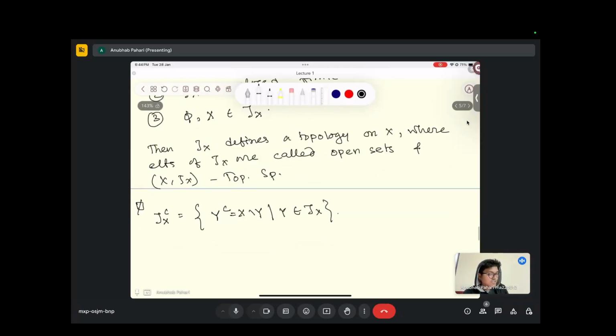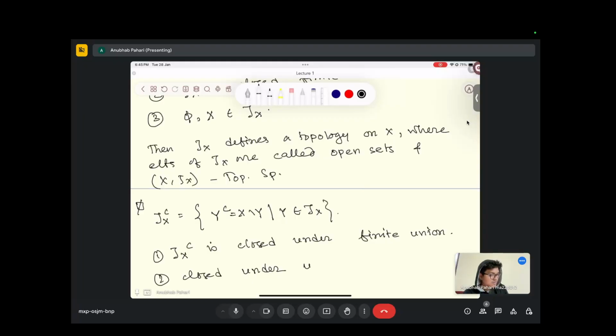So one can see that tau X c is closed under finite union and closed under arbitrary intersection.